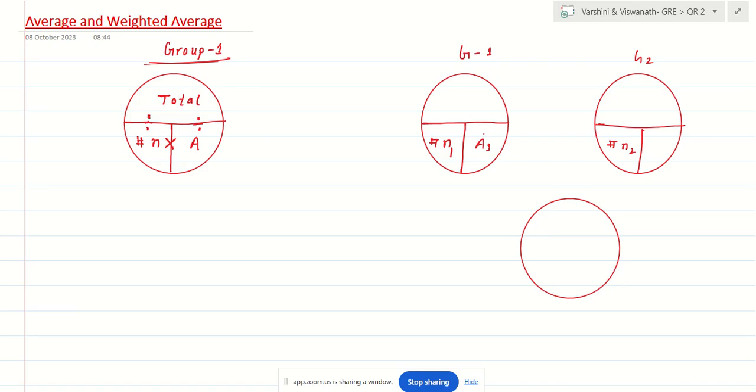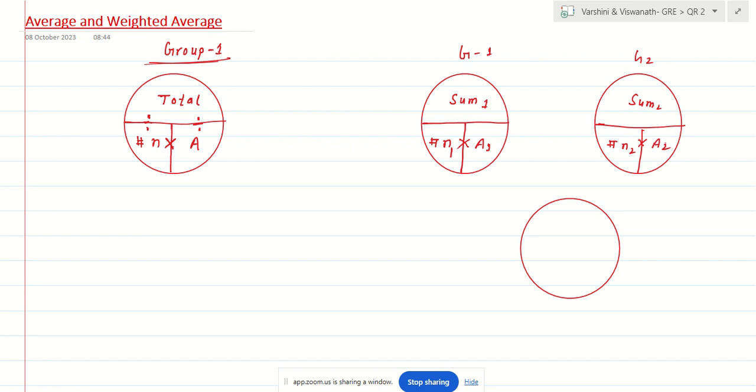You can assume whatever average you like, let's say the average of salary, or average of ages. So this is the total; I can say sum 1. How do I get sum 1? n1 into a1. How do I get sum 2?